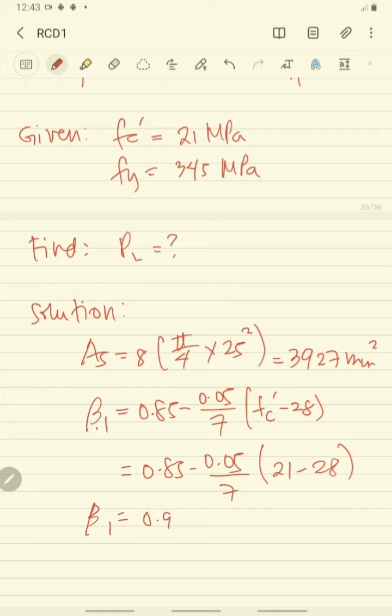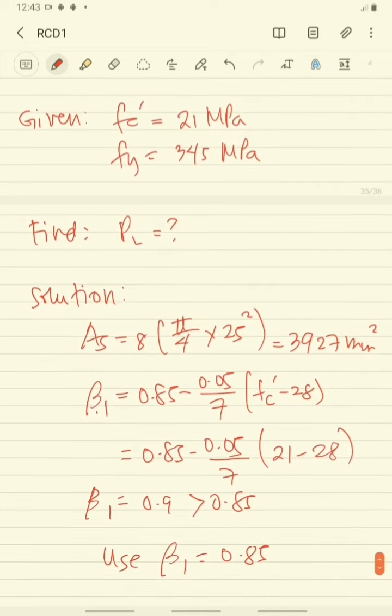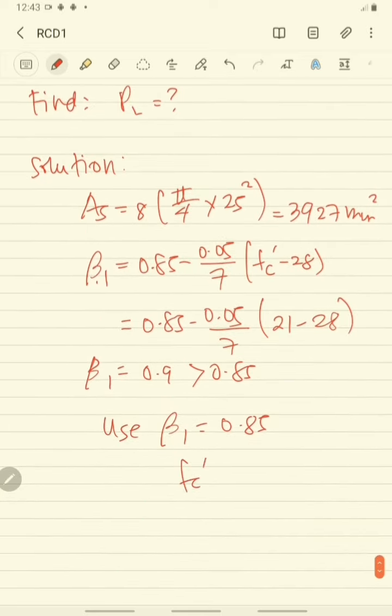So this is equal to 0.92, and this is greater than 0.85. So use beta 1 equal to 0.85. And since Fc prime is less than 28 megapascal, your beta 1 is equal to 0.85.